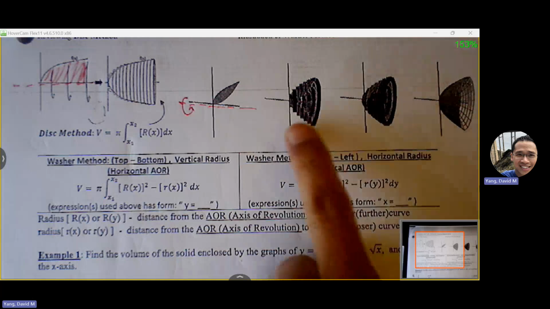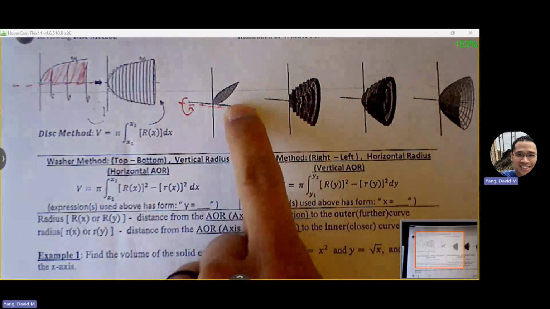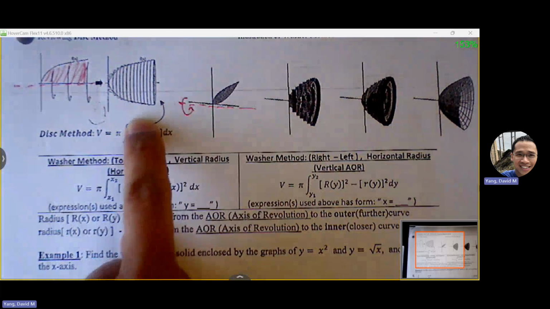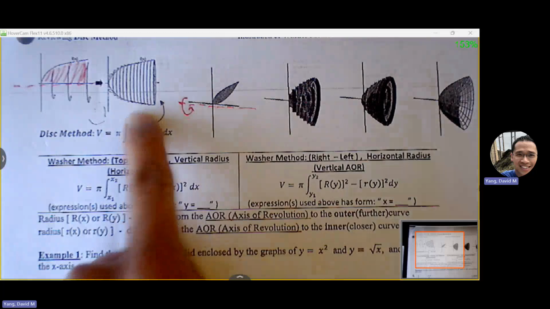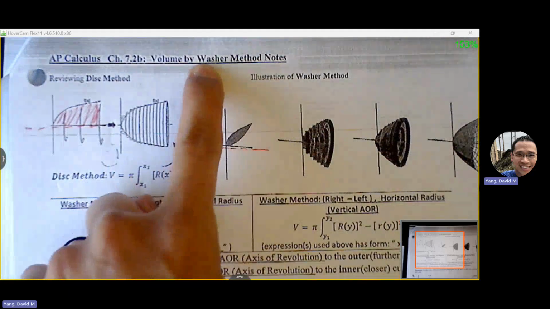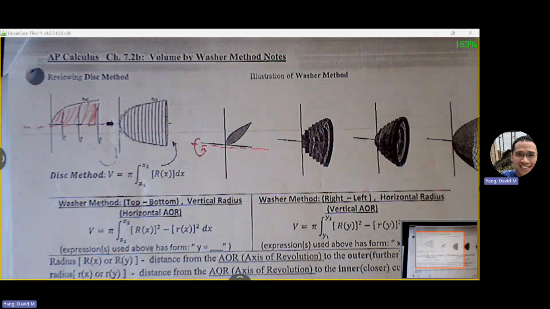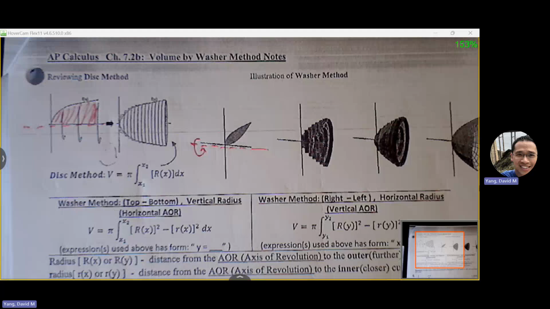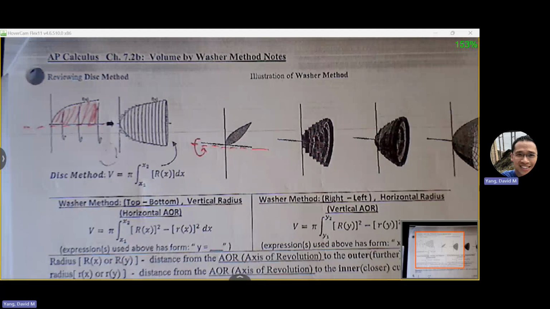Because of that, rather than adding infinitely thin disks, we're going to be adding infinitely thin circular rings, or we call them washers. But it's still going to be circle related, still going to be pi r squared.